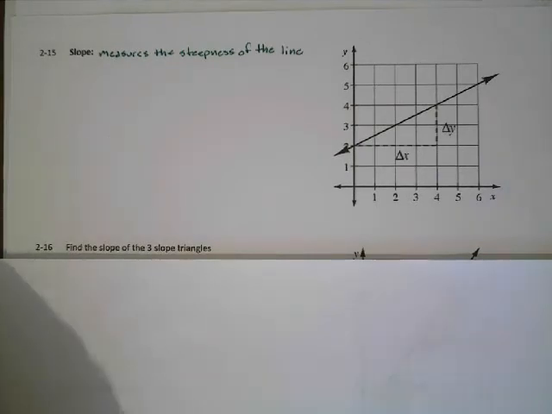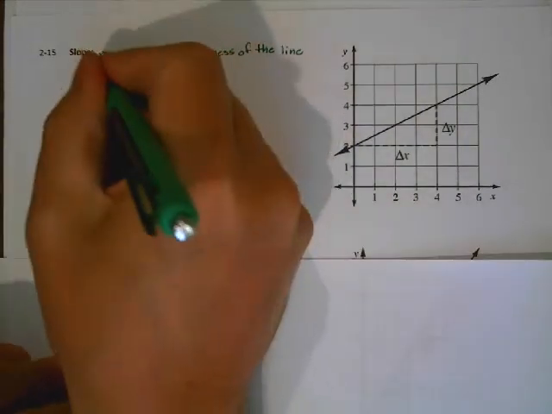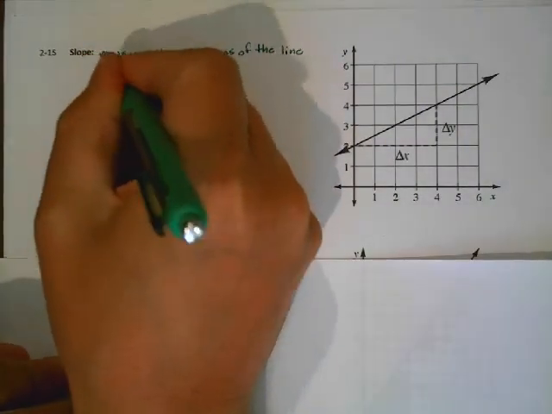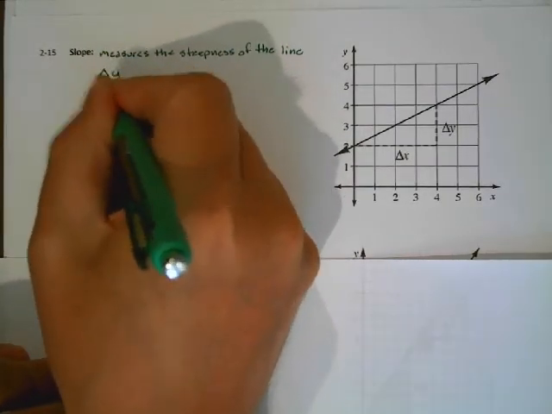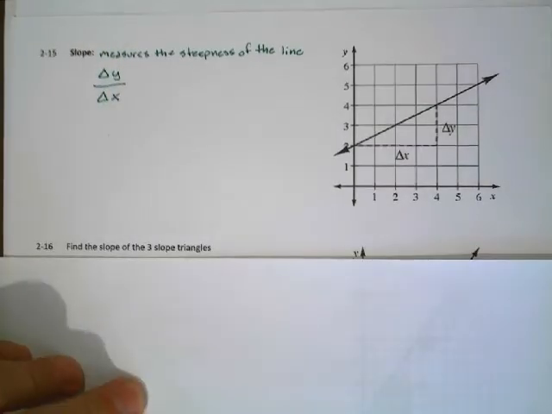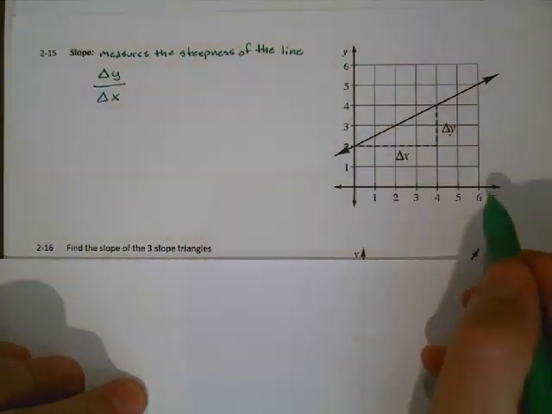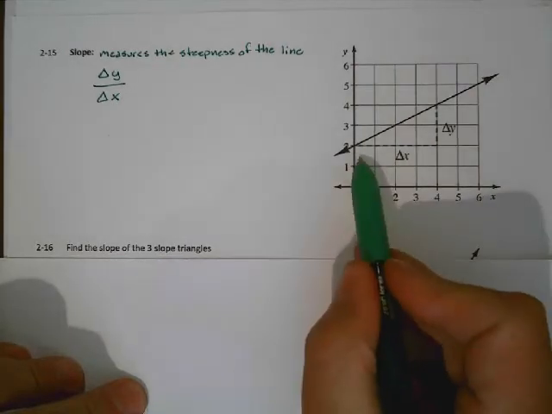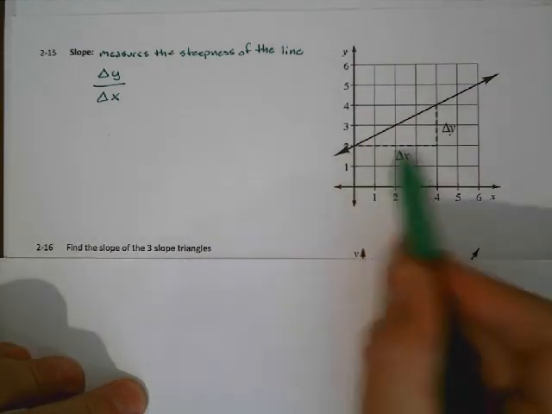So we call the slope the change in y. We kind of saw that on that last one. Slope is the change in the y values divided by the change in the x values. So looking at this one, we can see that the change in the x values here is 1, 2, 3, 4.